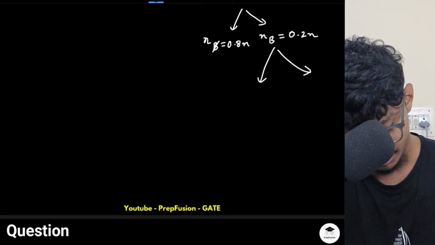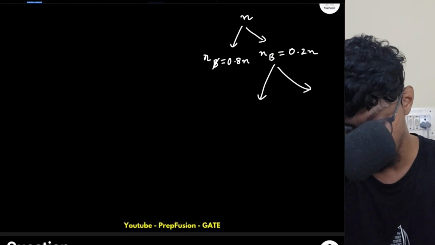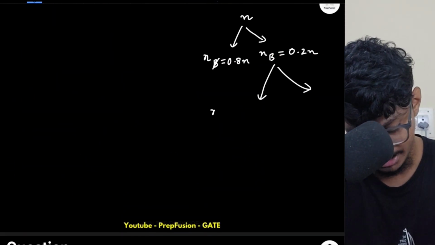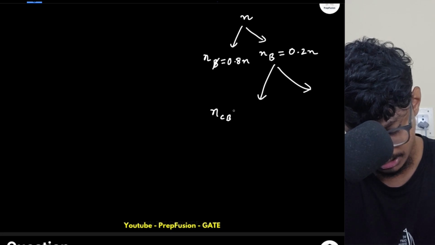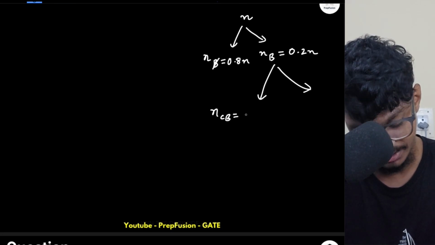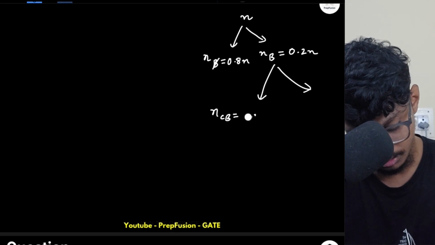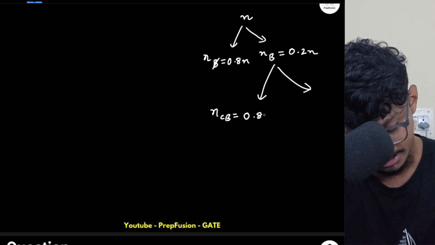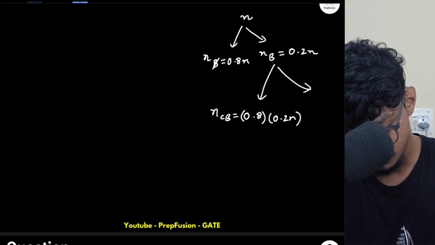So I will take 80% of this. I will simply multiply by 0.8. So n conditional branch instructions will be simply 80% of this, so 0.8 into 0.2n.